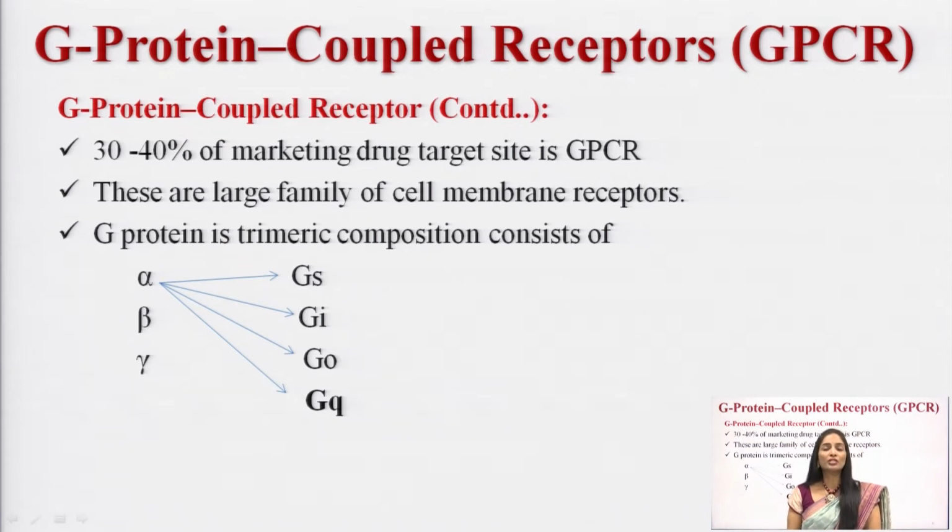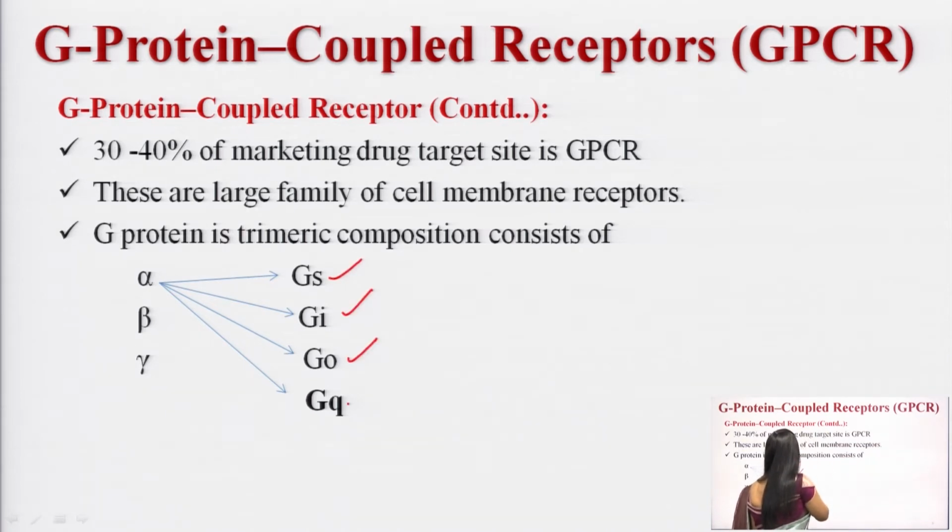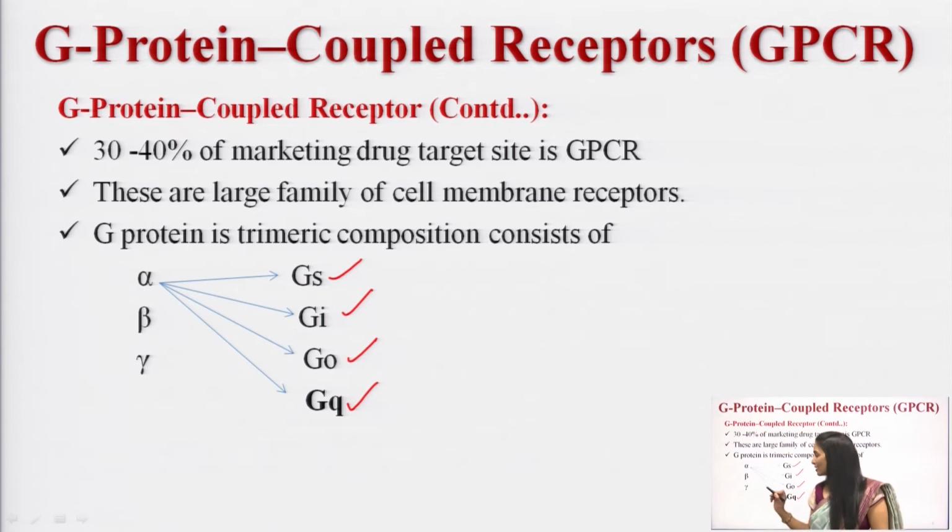And G protein coupled receptors are classified into alpha, beta and gamma subunits. The alpha subunit is further classified into Gs, Gi, Go and Gq. What is Gs? G protein stimulatory.